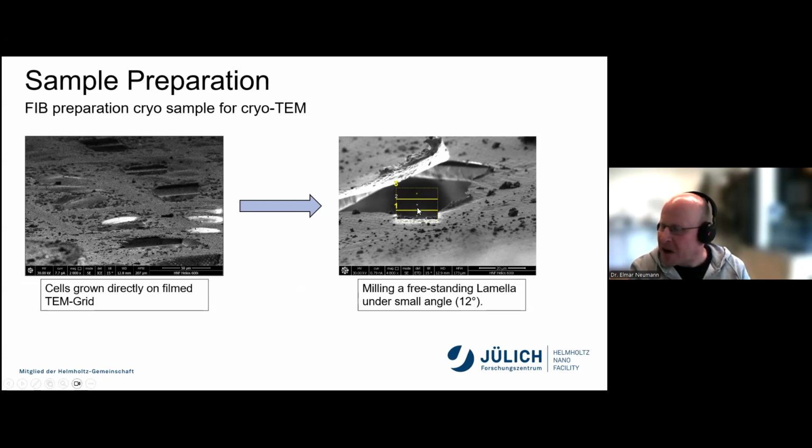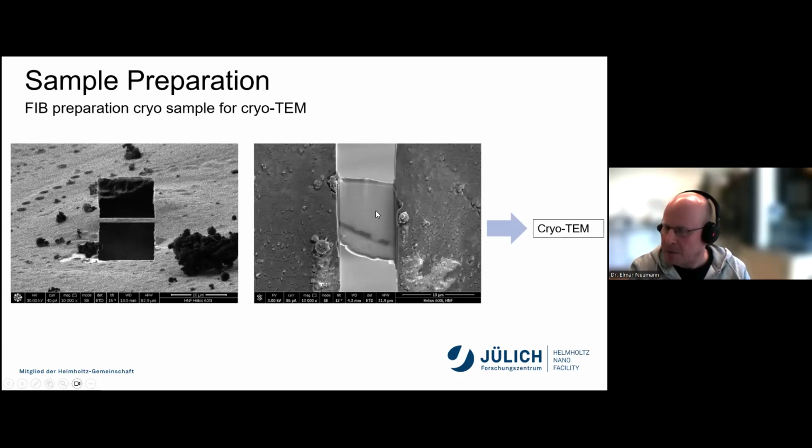And then with a very shallow angle, they produce, again in a focused ion beam machine, a freestanding TEM lamella, which looks like this in the end from the top view, and from the side it looks like this.